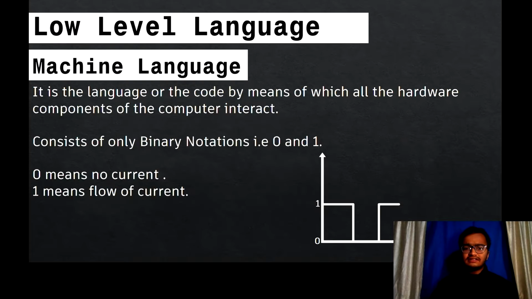So let's now see what machine language is. It is the language or code by means of which all the hardware components of the computer interact. So what are the hardware components? Hardware components of the computer generally mean all the electrical components, because a computer is an electronic device.